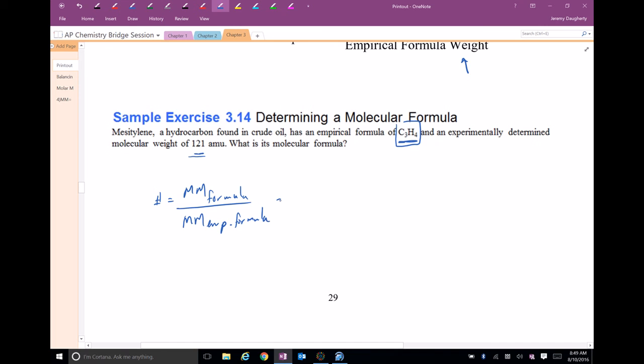So we know that it weighs 121. The empirical formula weighs that much.